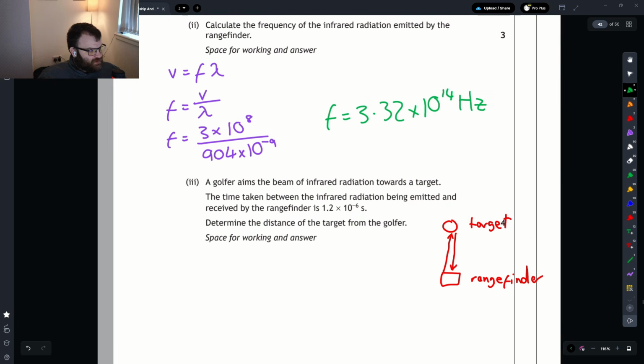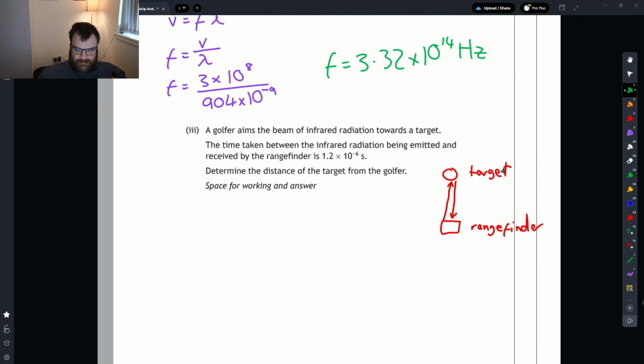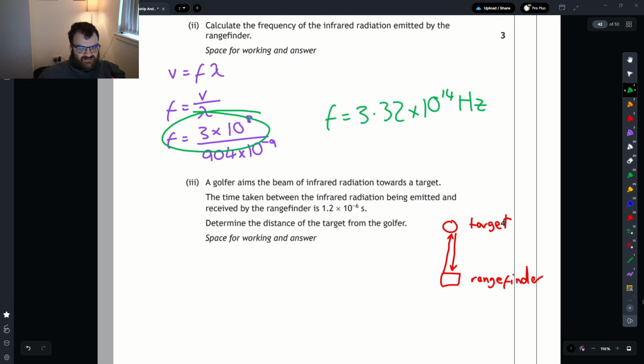Now, did we work out, do we have the speed? Oh, yeah, it's infrared, so it's going to be the same speed that we just used. Okay, let's give this a bash. So, right, d equals vt.